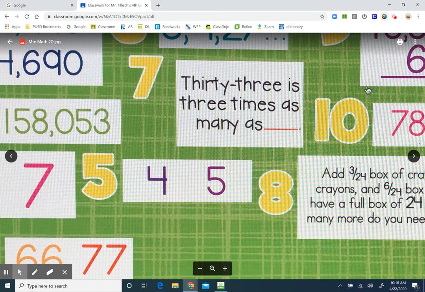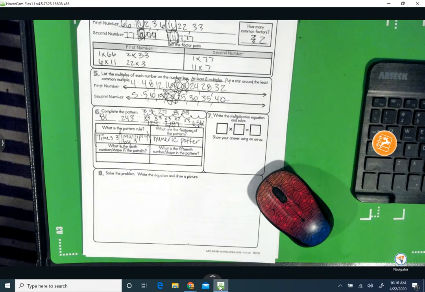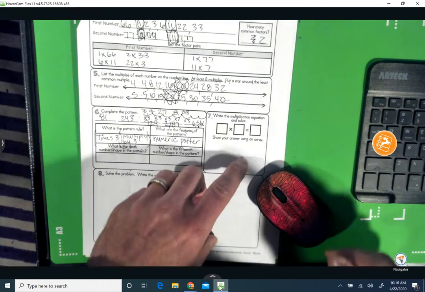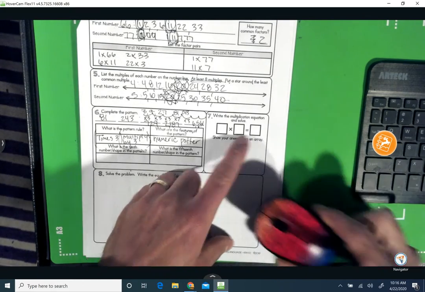Okay, so if I am looking at this pattern, I am going to be working backwards.